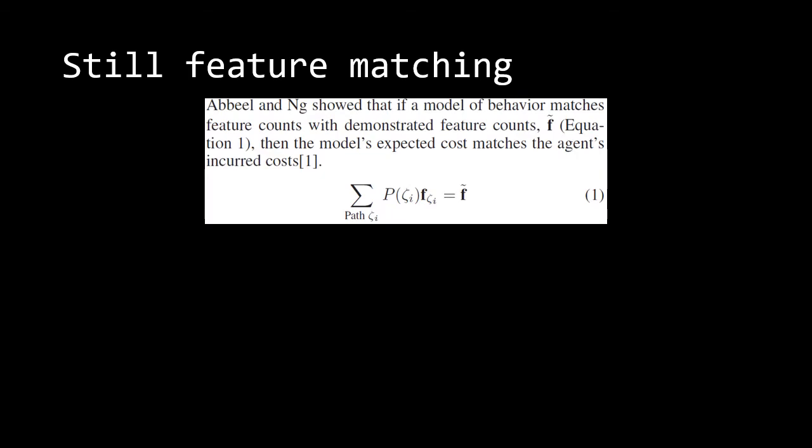So you have the probability of a trajectory times the feature expectation for that. This is under the assumption of having a W, and you want this W to match the features of the expert. You obviously have several W's that can achieve that, and some of them are maybe not so nice to have.